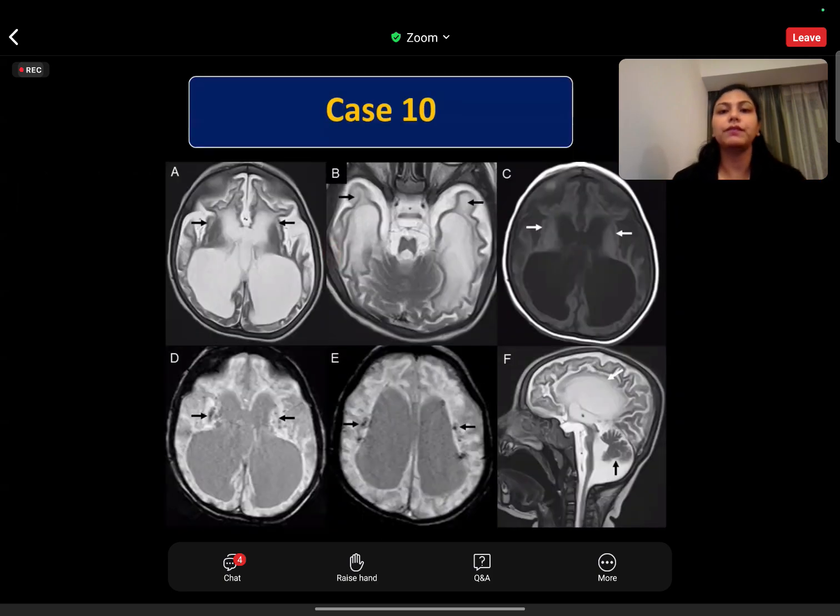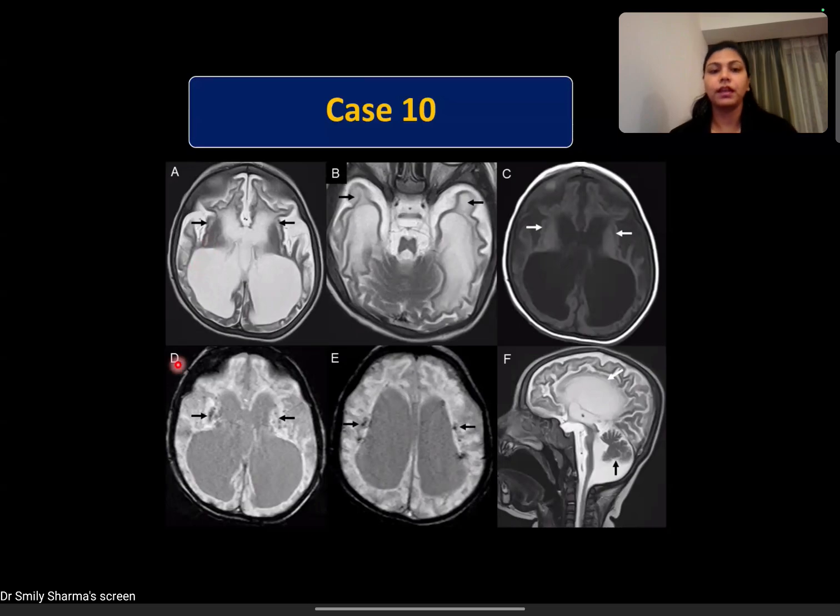So this is one of the differentials of Cockayne syndrome. Here also we see significant atrophy, and again we see the calcifications. But here we see more of a demyelinating leukodystrophy. There are diffuse hyperintensities, very significant atrophy of the brain, and presence of anterior temporal pole hyperintensities.